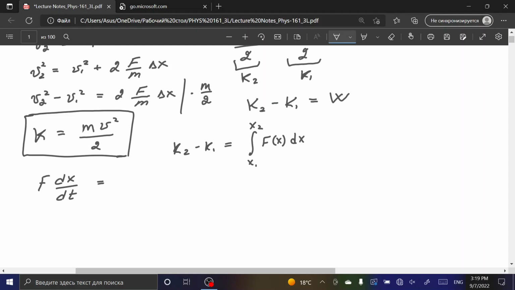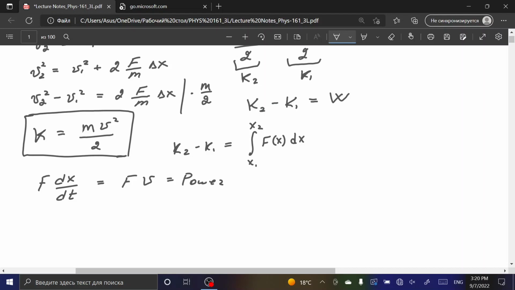And that is nothing else than f times v. So in this case, that is power. And the definition of power is work done by this force per unit time.